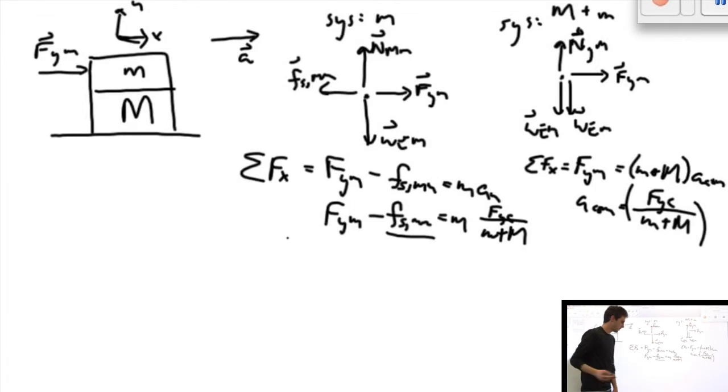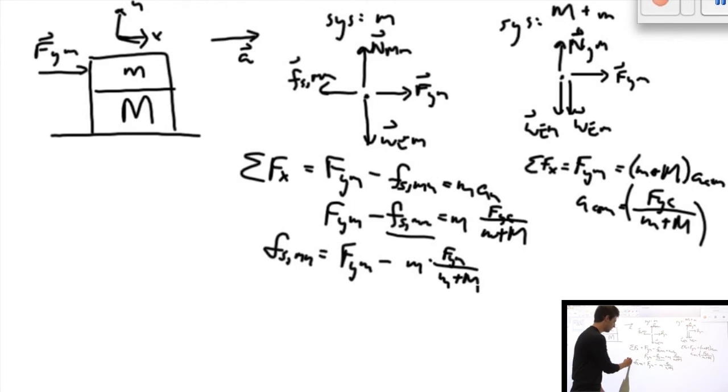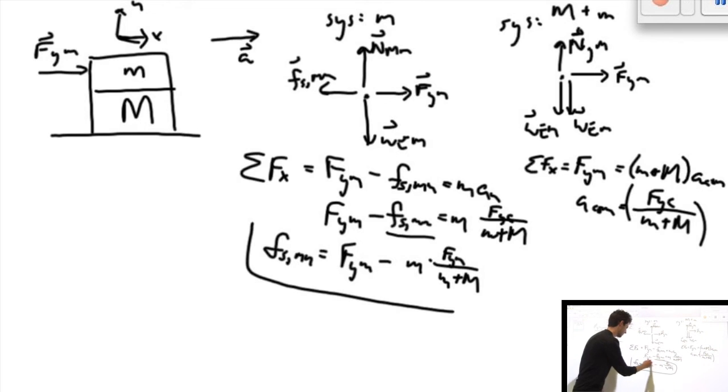So if we just go ahead and write it out to be complete, we can say the static friction force equals F from you minus little m times F from you over m plus big M. And this right here is our answer.